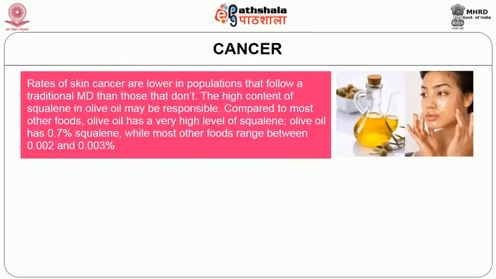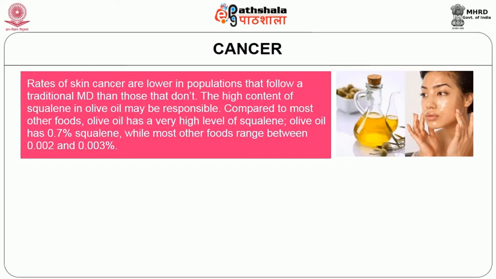Rates of skin cancer are lower in populations that follow a traditional Mediterranean diet than those who don't. The high content of squalene in olive oil may be responsible. Compared to most other foods, olive oil has a very high level of squalene.